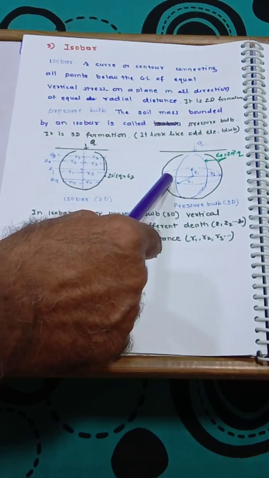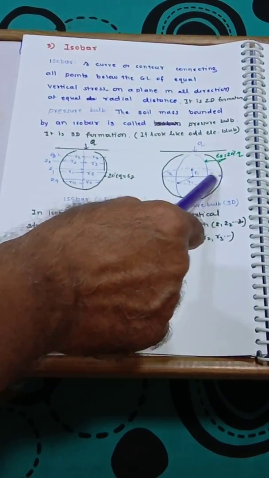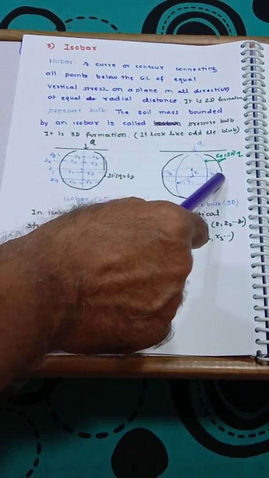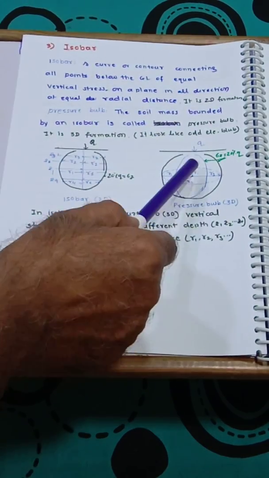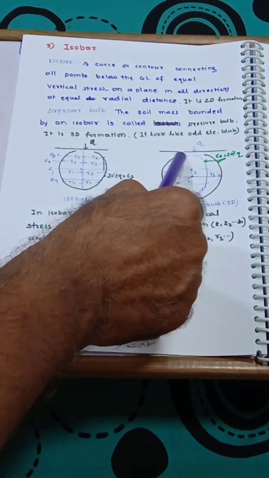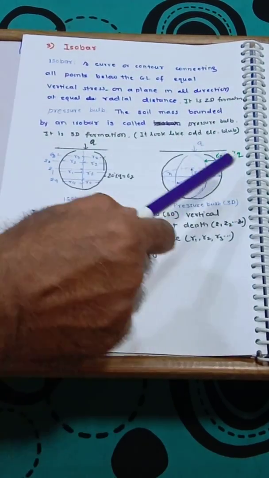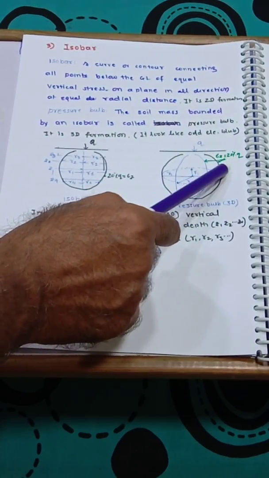I want at every point on this horizontal circular plane the stress to remain sigma Z at a particular depth. Then I'll find out that radial distance in all directions on that plane on which sigma Z is constant. Similarly, if I shift this circle to a smaller distance Z, again I'll keep the stress constant.